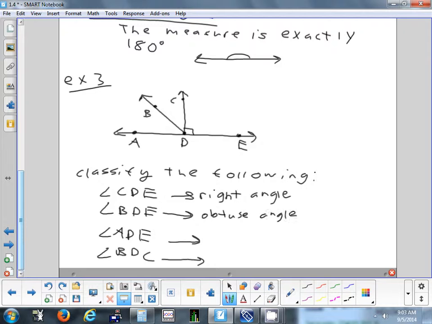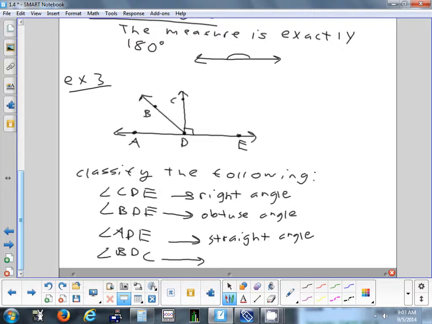How about ADE? Yeah, Alyssa? That's a straight angle. Straight angle, measures 180 degrees. And how about BDC?